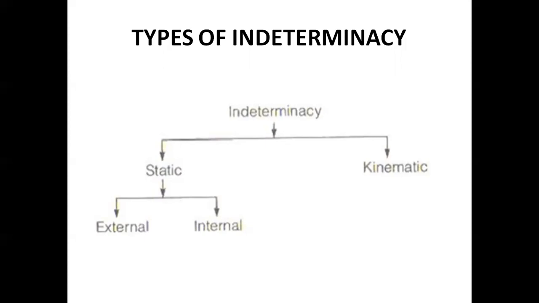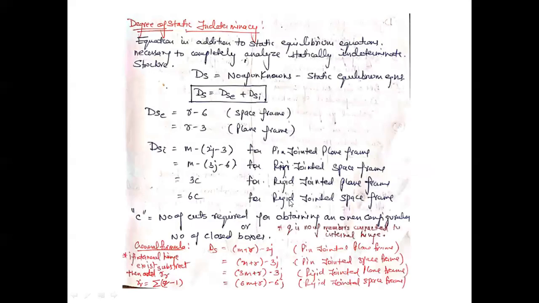So we can easily say that the total static indeterminacy of a structure is equal to the degree of external static indeterminacy plus the degree of internal static indeterminacy.